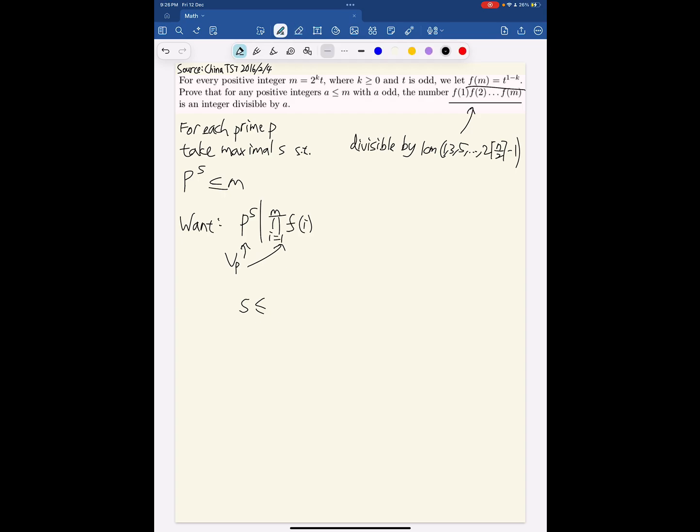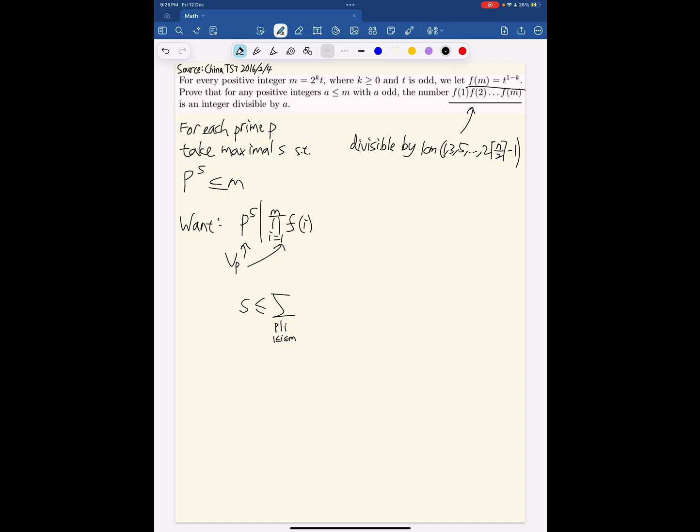So we have the sum over some divisors of p, but not too large. And then we just want vp of f of m.